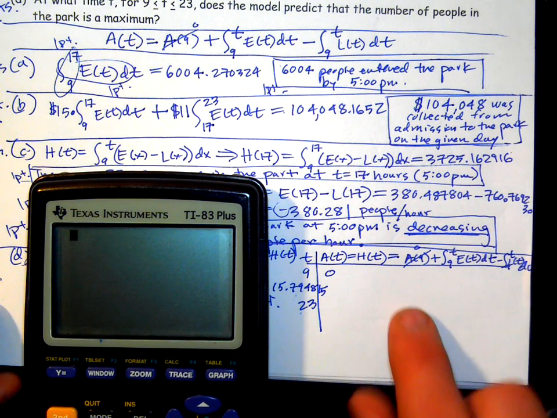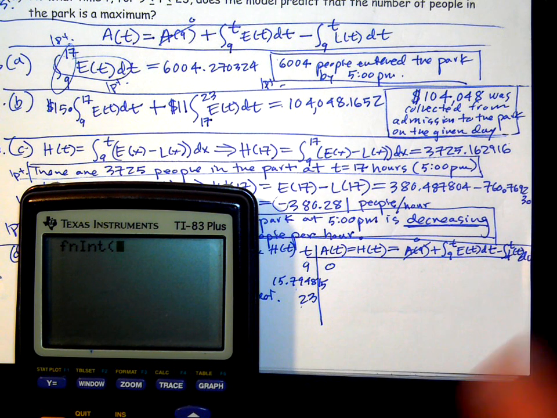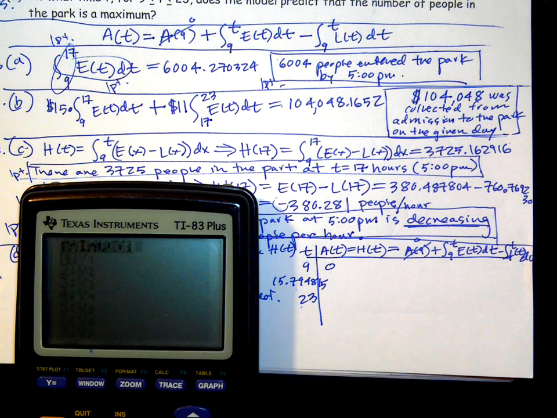And then I'm going to plug these other values in here. So the way we do it is we go math 9, and we can do these as 2 separate integrals or together. It's up to you. Vars, y vars, function, y1, make sure you're doing the correct one, comma x, comma 0, comma 15.794815 minus math 9, vars, y vars, function y2, comma x, comma 9, comma 15.794815.